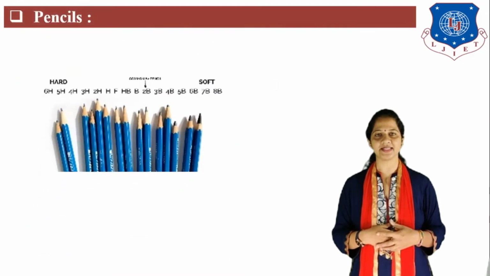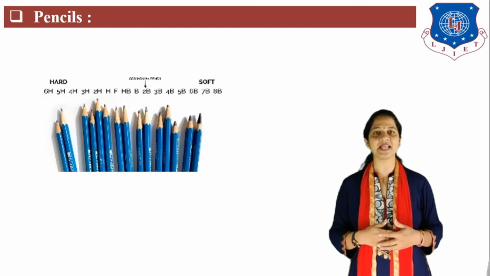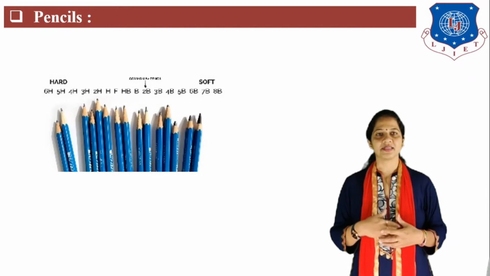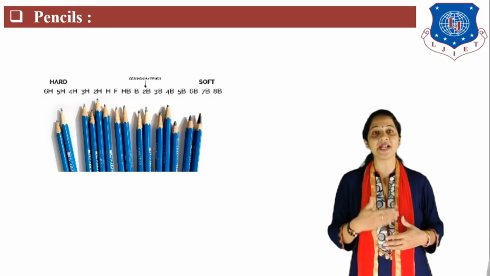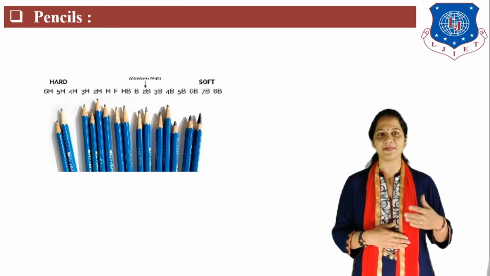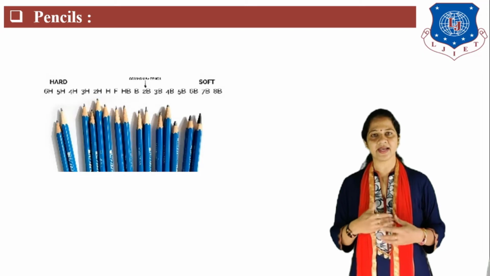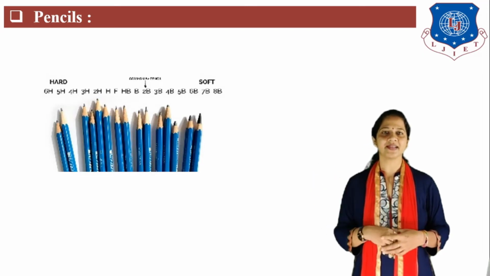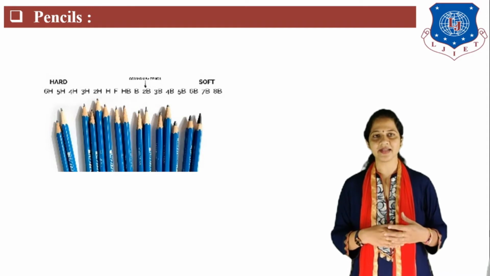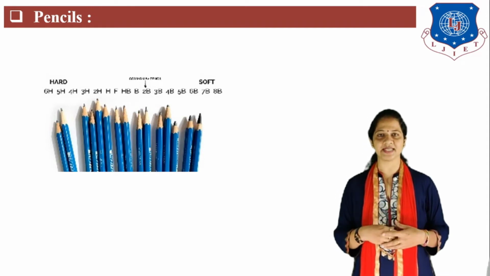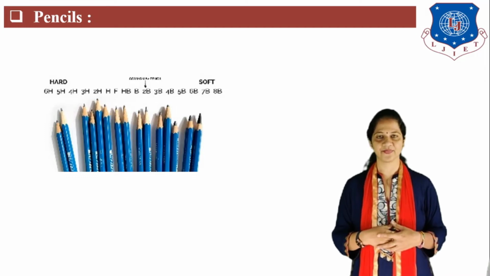First instrument is pencil. Pencils are basically used to draw accurate drawings, and the appearance of the drawing depends on the quality of the pencil used. Here you can see different grades of pencils: soft grade, hard grade and medium grade pencils.